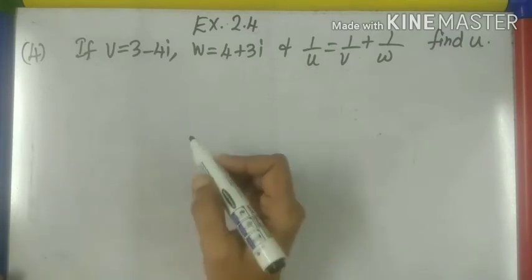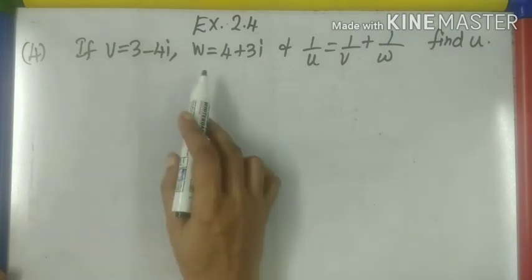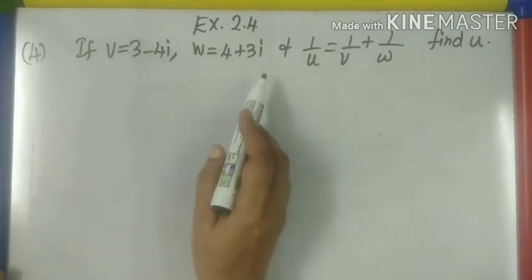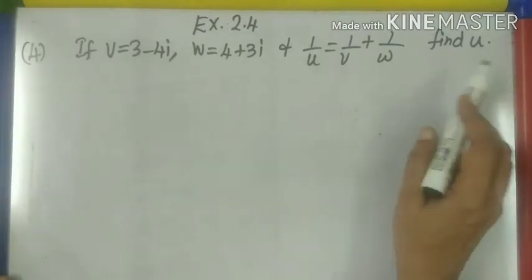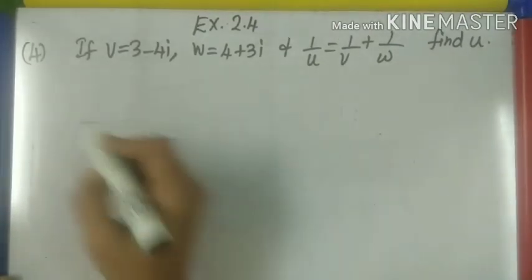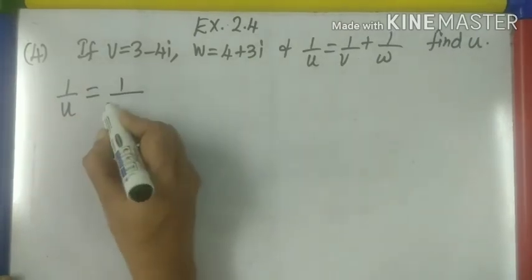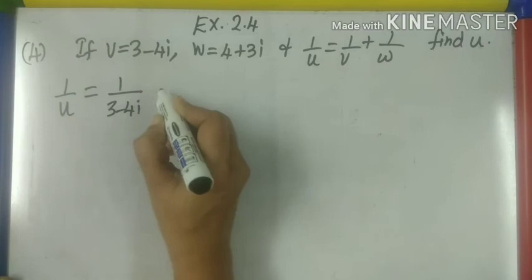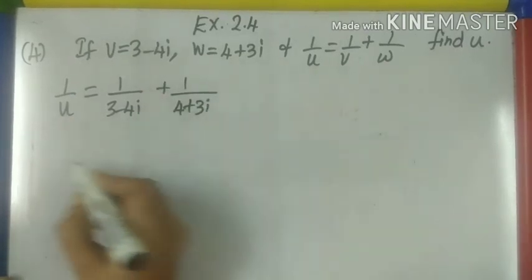Question number 4. V equals 3 minus 4i. W equals 4 plus 3i. And they are related with this. Find u. So 1 by u equals 1 by v, that is 3 minus 4i, plus 1 by w, that is 4 plus 3i.